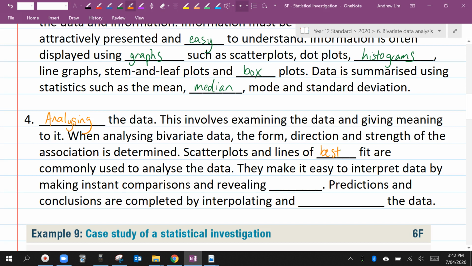They make it easy to interpret data by making instant comparisons and revealing trends. Predictions and conclusions are made by interpolating and extrapolating the data. So we've collected it, organized it, summarized and displayed it in a nice graph, and now we can analyze the data.